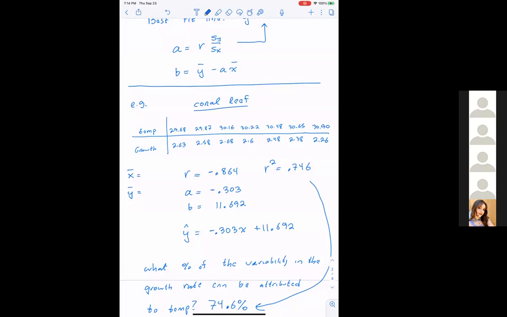I think so. Oh no, sorry, it's 30.28. I was looking at a different one. And what is Y bar? 2.52. Is everyone getting those?